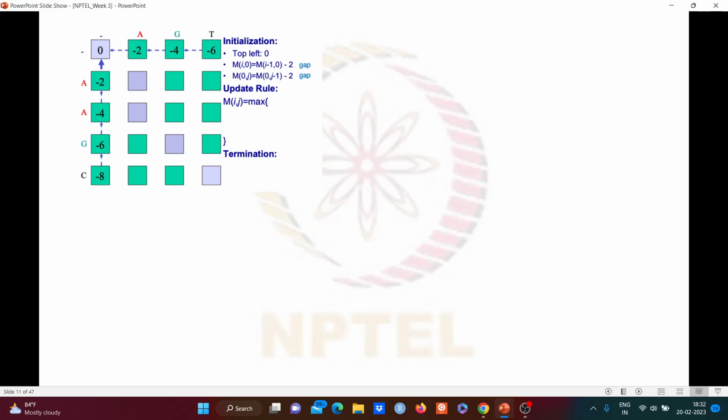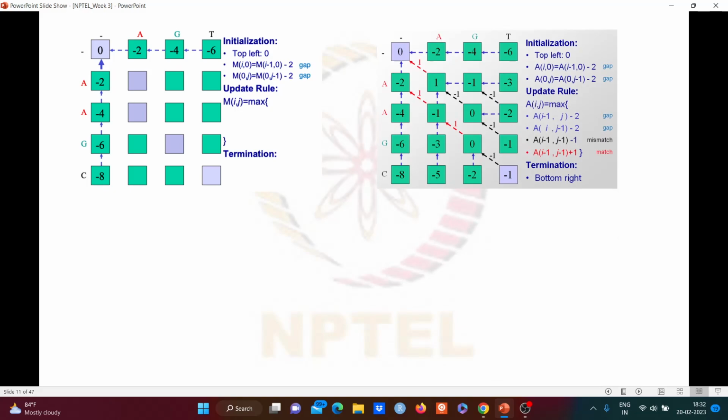So 0 plus the gap penalty gives the value under the cell A. Minus 2 plus the gap penalty gives the value under the cell G. Likewise, we initialize the matrix, then we fill the matrix using the Needleman and Wunsch rule.